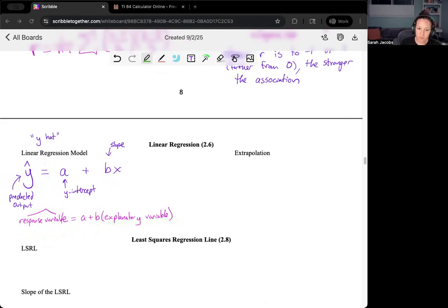Okay. So last little bit on linear regression here. Extrapolation.